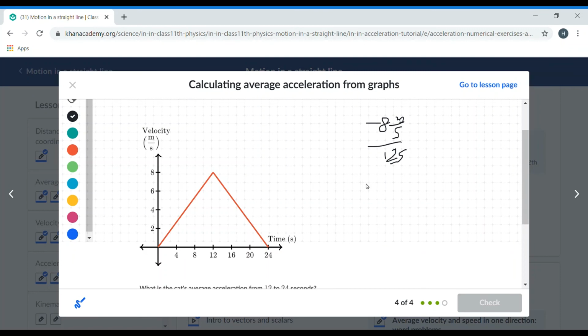So this becomes minus 8 meters per second times 1 over 12 seconds, and this becomes negative 2 over 3 meters per second squared.